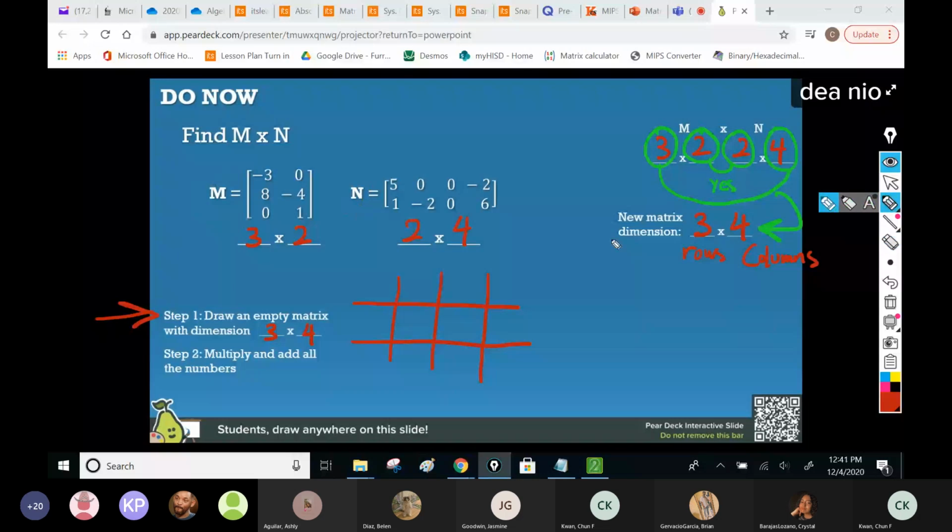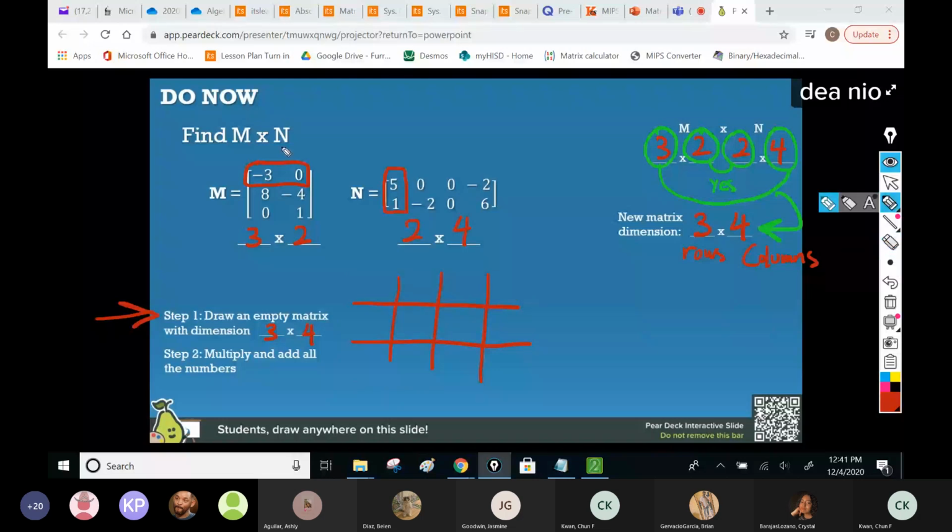And then for the upper left box, you need the first row. And we'll take our rows from the first matrix right here. And this is the first column. And we will take our column from the second matrix, and we need the first column.